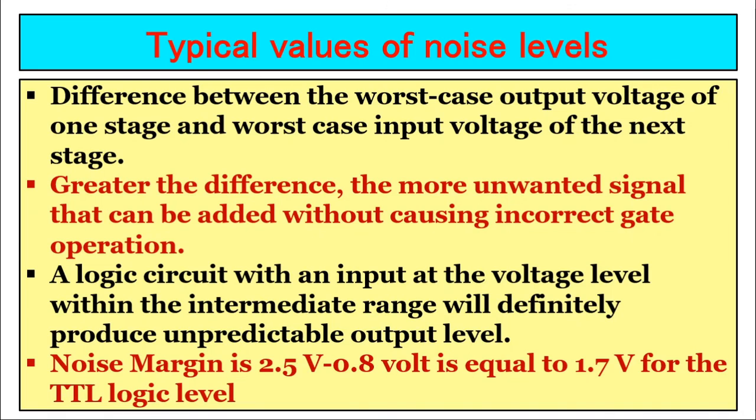A logic circuit with an input at a voltage level within the intermediate range will definitely produce an unpredictable output level. Noise margin is 2.5 volts. That means from 0.8 volt to 1.7 volt for the TTL logic level.